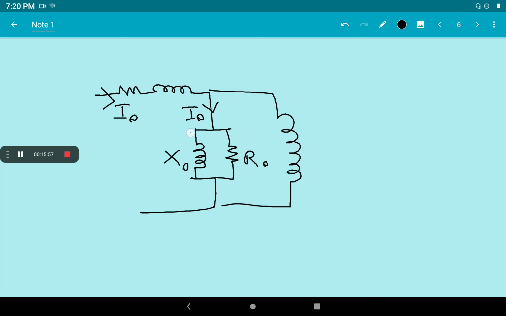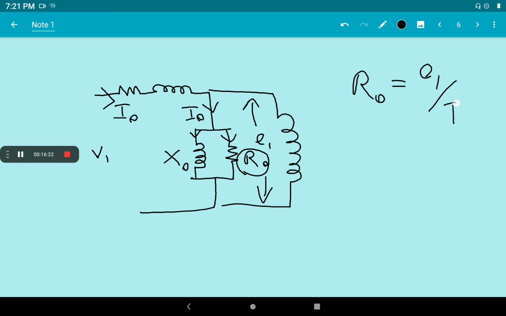V1 is the applied voltage, but the induced voltage is E1. So what will be the value of R0? R0 is the resistance, that is V by I. The current flowing through R is I0 and the induced EMF is E1. So E1 by I0 will give R0.